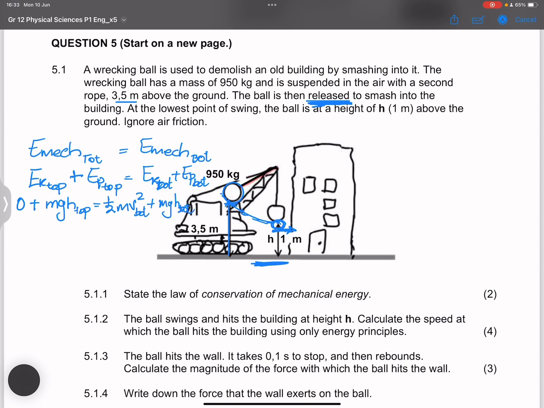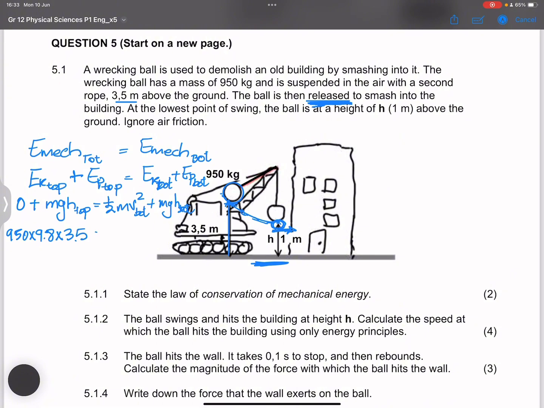Sorry that I don't have enough space there. So the mass of the pendulum bob is 950 times 9.8. The height relative to the ground is 3.5.